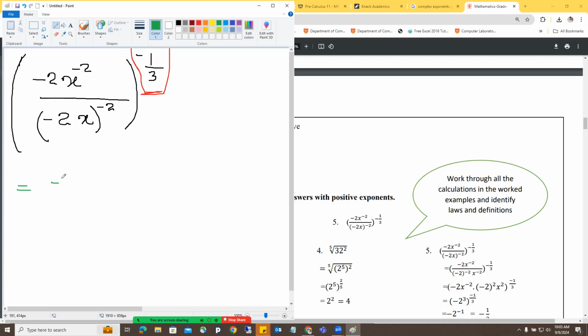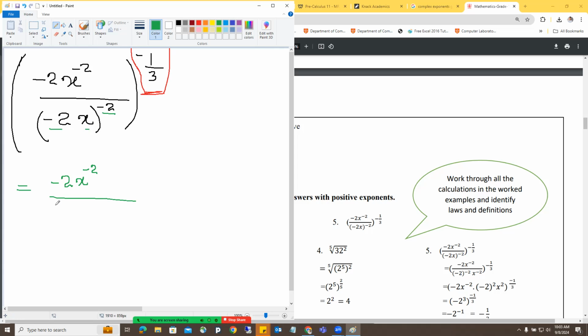Minus 2x minus 2 divided by... you can see, right? Does the minus 2 turn to plus 2 or no? No. Here we have minus 2x to the power of minus 2 divided by this, so this minus 2 belongs to this minus 2 as well as x also.